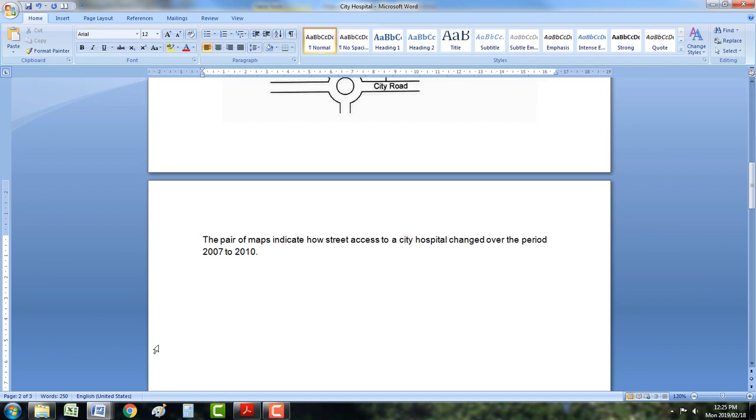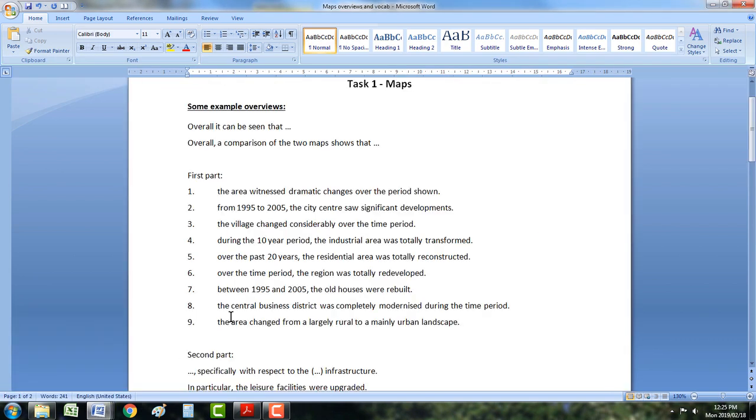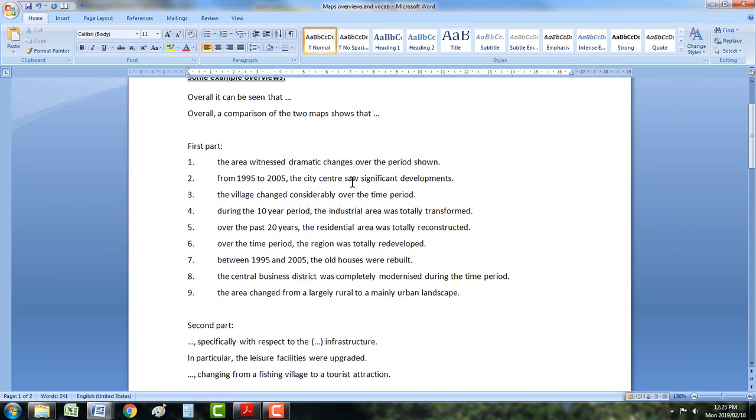Then we're going to look at the overview. Now for maps, I generally recommend that you have a two-part overview. One where you just say something general. It can be seen that there were significant changes. So in this document that I've given you here, I've given you a bunch of general overviews.